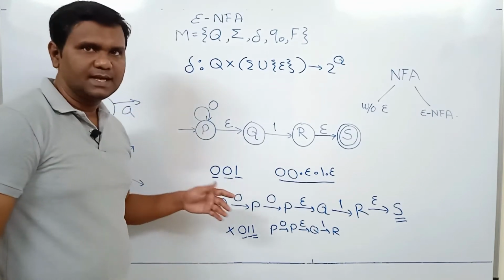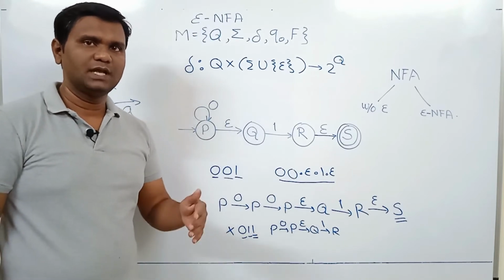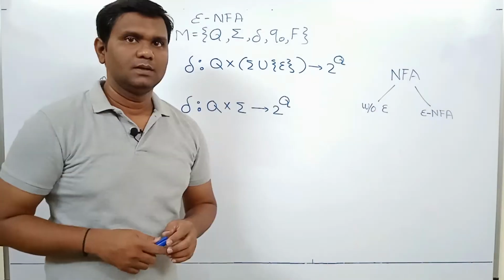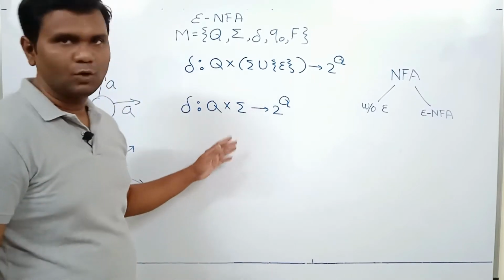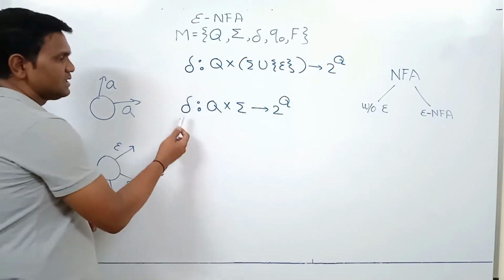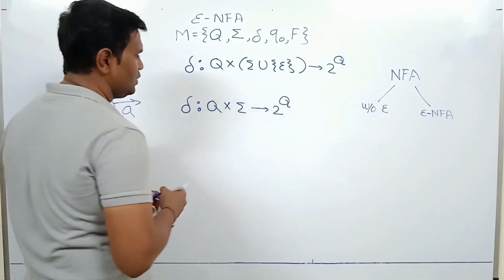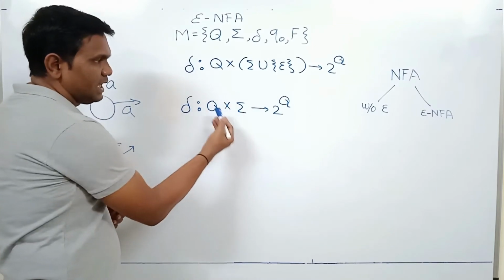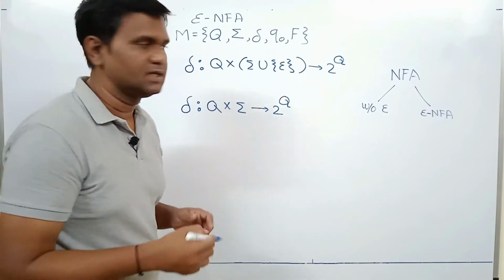Now for better understanding of Epsilon NFA, we will consider some languages and construct Epsilon NFA for those languages. Before we proceed with examples, let's understand one small important point. If you consider the transition function Q cross sigma goes to power set of Q, then here we are not processing epsilon. So this transition function is for NFA without epsilon transitions.